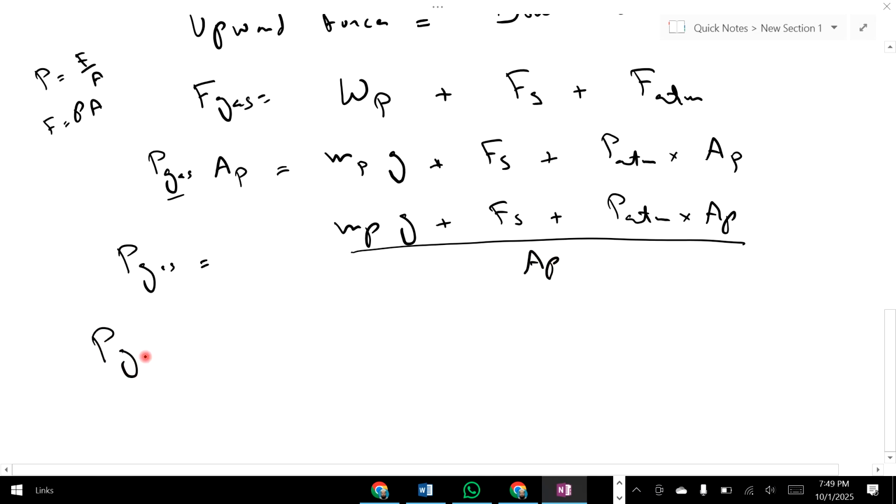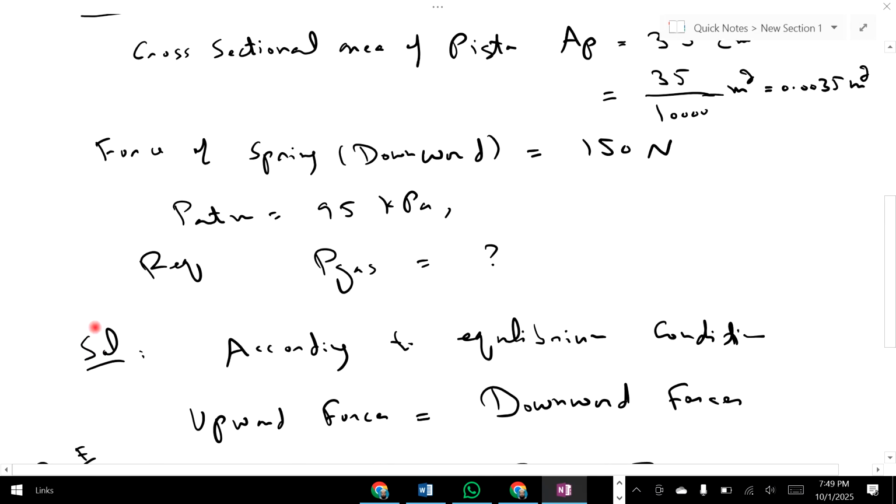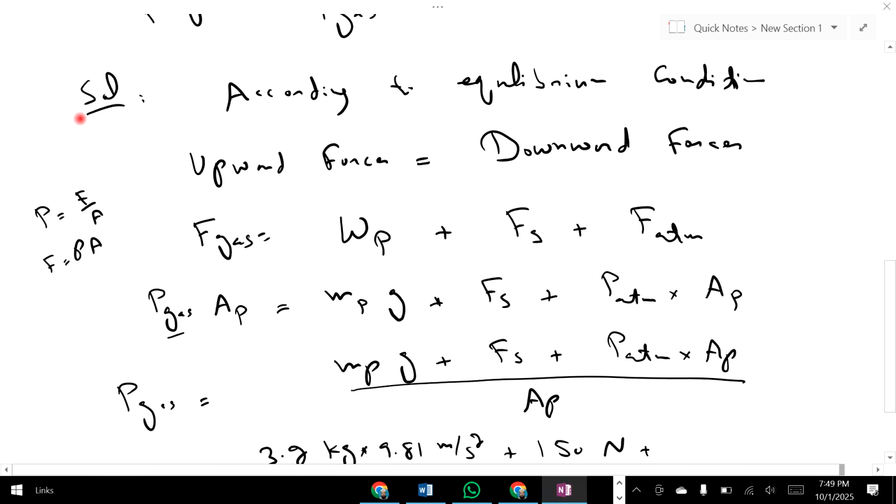So pressure of gas is equal to mass of piston, given to us as 3.2 kilogram, acceleration due to gravity 9.81 meter per square second, plus force of spring equal to 150 Newton, plus atmospheric pressure given as 95 kilopascal, which is equal to 95,000 pascal, and pascal is equal to Newton per square meter.